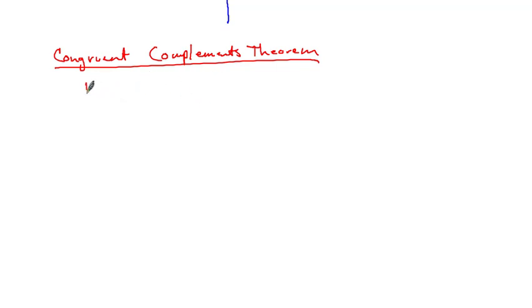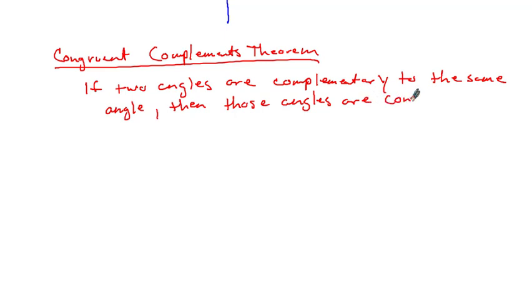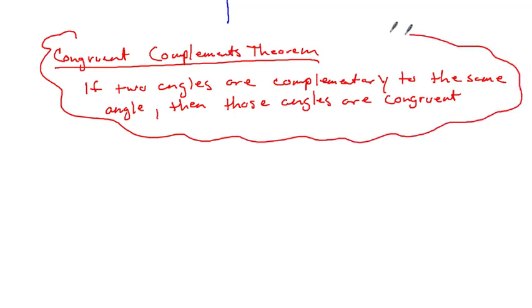It says that if two angles are complementary to the same angle, then those angles are congruent. So that's another one we want to stick to our memory. Congruent supplements and congruent complements. And that's it.